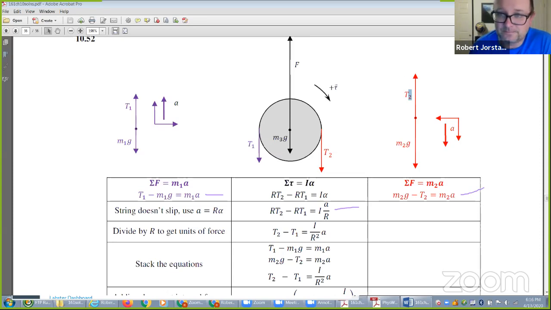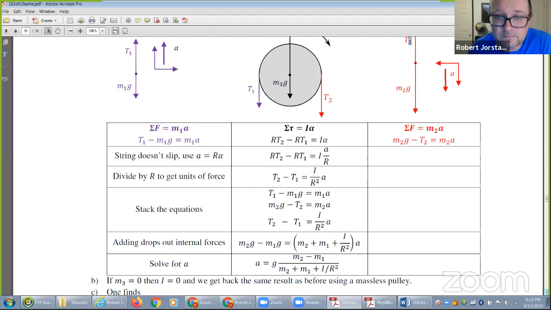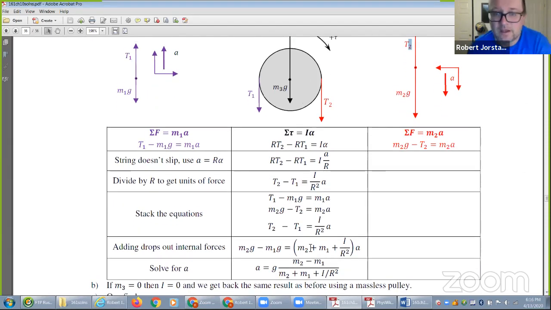Oh, and this one is a convenient trick. If you divide by R, this is going to make things look pretty. You'll see in just a second just how pretty this makes it. Okay. Here we go.